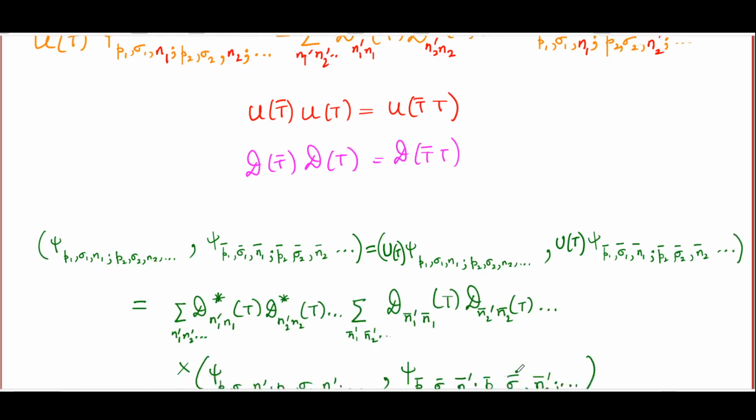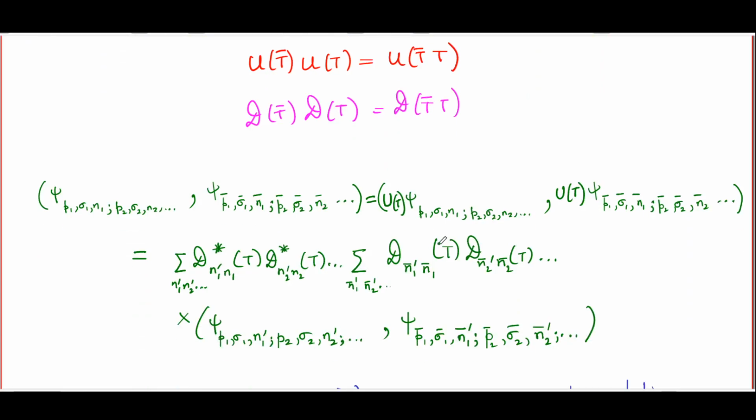And just by using the fact that U of T acting on p1 sigma1 n1, p2 sigma2 n2 is going to be a linear combination over n1 prime, n2 prime and so on of the states psi with labels p1 sigma1 n1 prime, p2 sigma2 n2 prime, with coefficients curly D n1 prime n1 of T, curly D n2 prime n2 of T and so on.